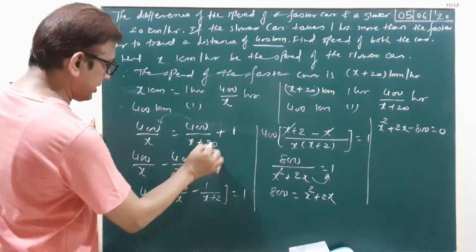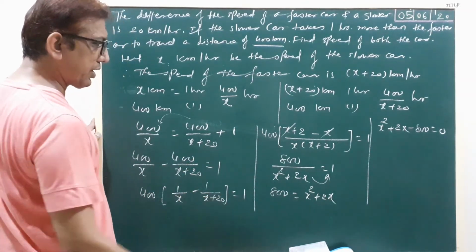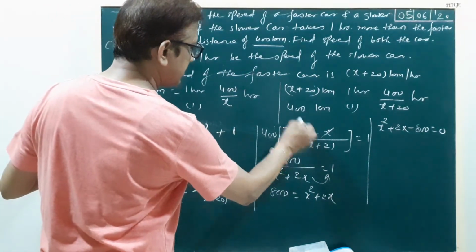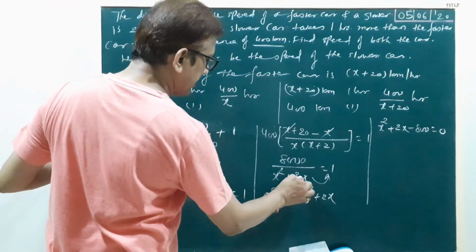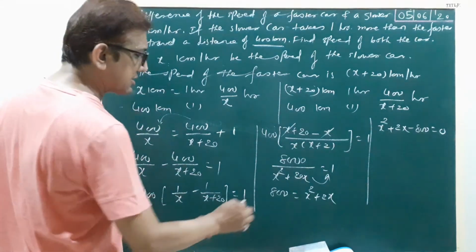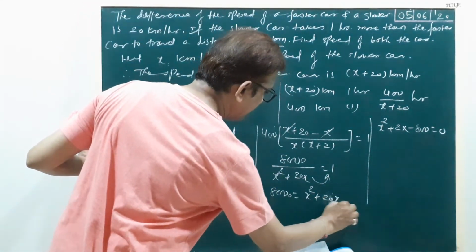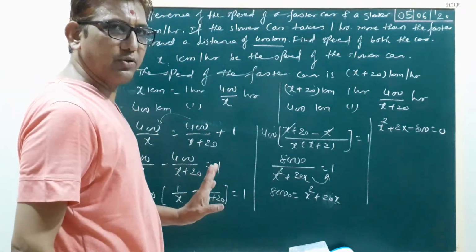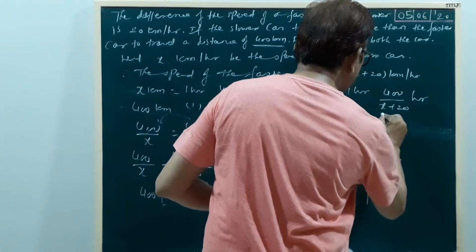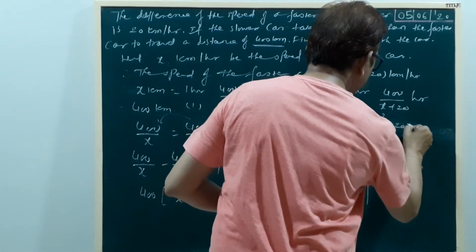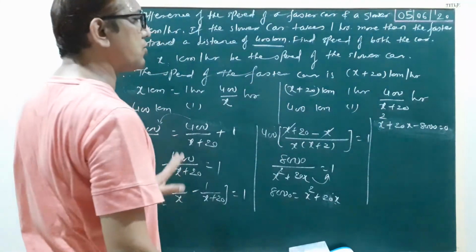So here cross multiplication: 8000 and here 20x. Is that clear? Did you understand? So we write our quadratic equation: x square plus 20x minus 8000 equal to 0.